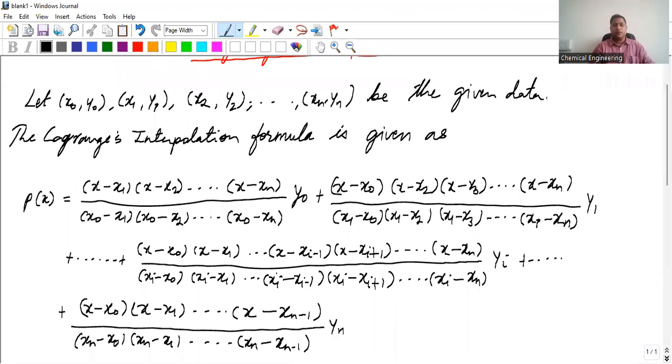This is the formula for the Lagrange's interpolation polynomial, also called Lagrange's interpolation formula.